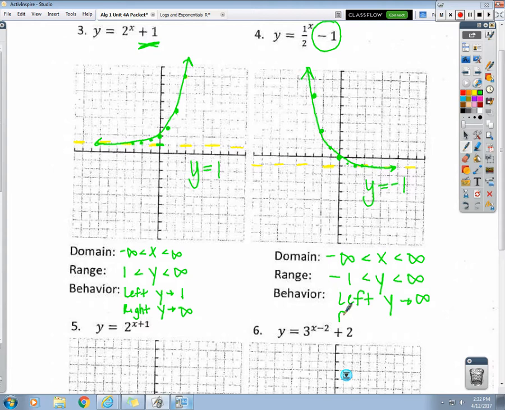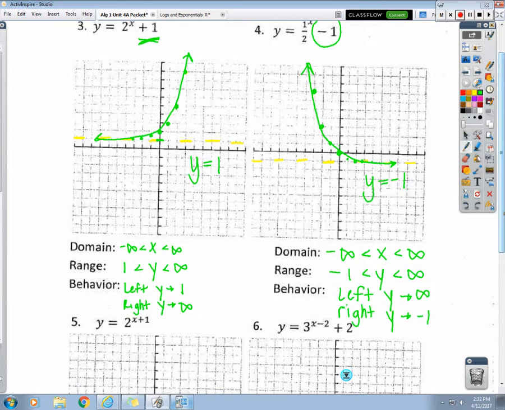As you go to the right side of the curve, the y values approach negative 1, the asymptote. If it's a decay, it'll approach the asymptote on the right. Is that what you're trying to say? If it's a growth, the asymptote will be on the left side.